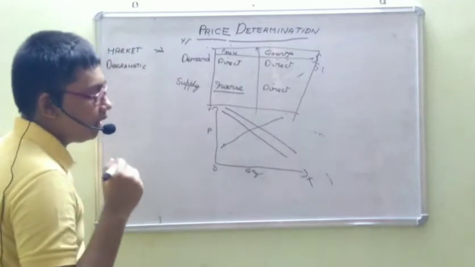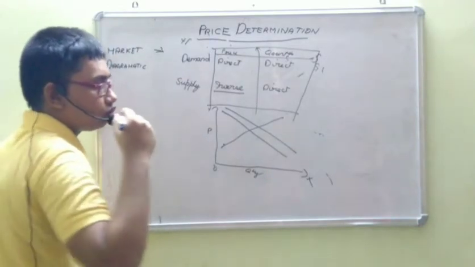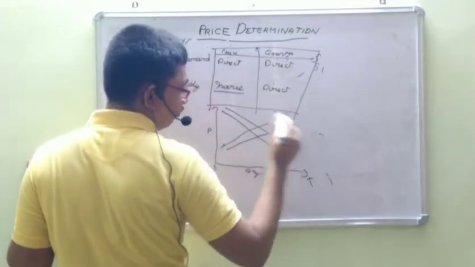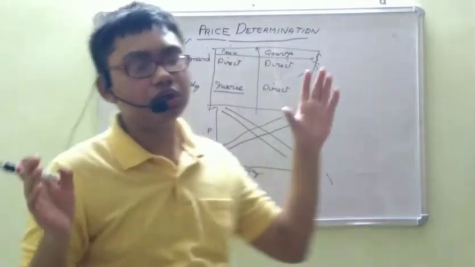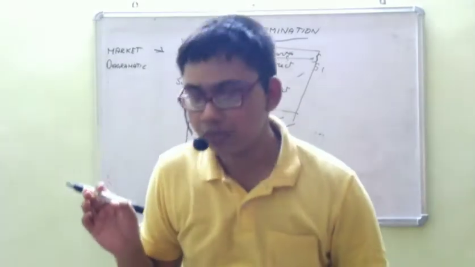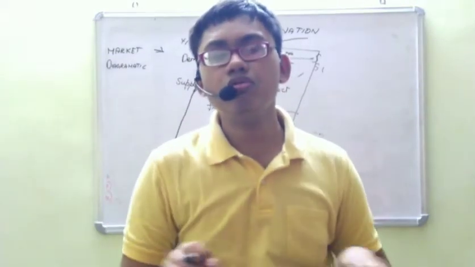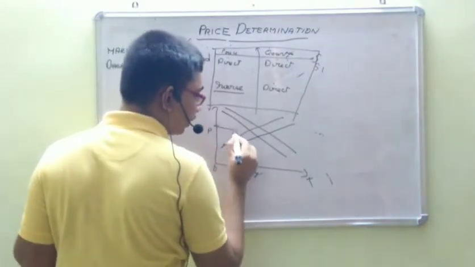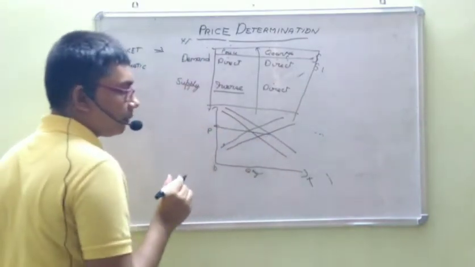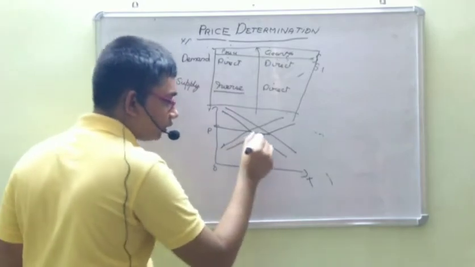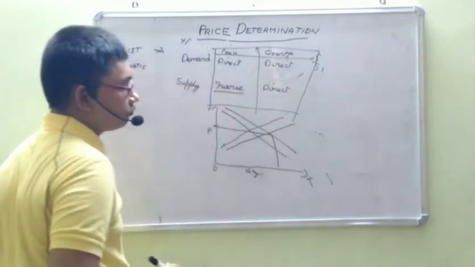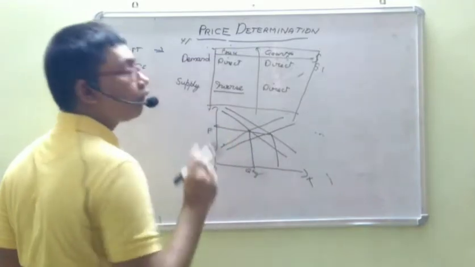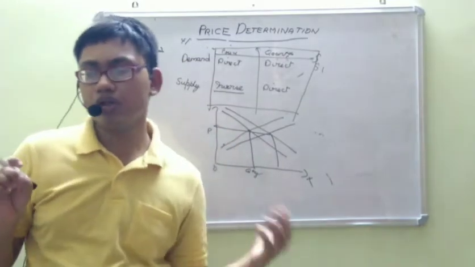Let's say demand is rising and supply is also rising. Both their direction is the same and there is no difference between the rate of change of demand and the rate of change of supply. So price will be the same and quantity will increase. Price will not change at all. Quantity will increase because both are increasing.